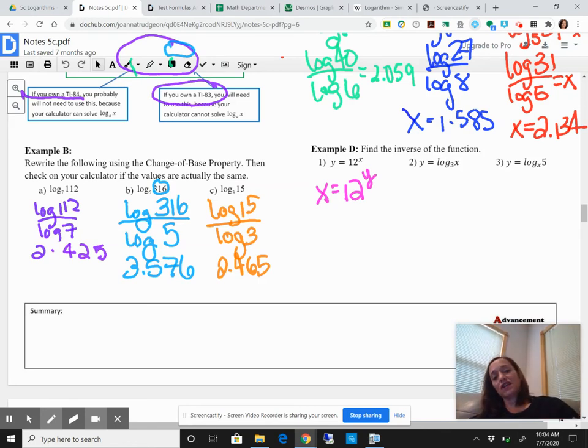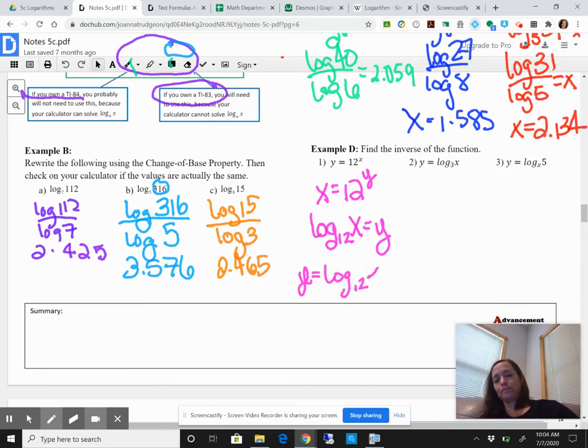When I change something to a logarithm, I use the word log first, and then I write the base, which is 12, as a subscript. Then x equals the exponent, y. I'm going to write the y first. So that would be your inverse equation for an exponential equation.